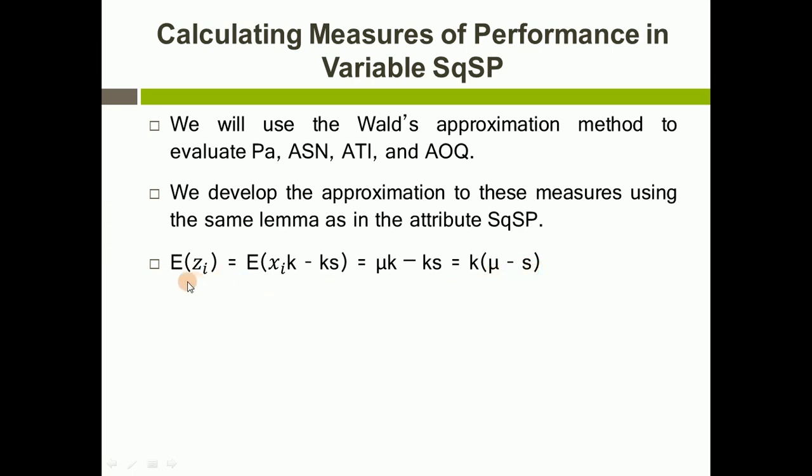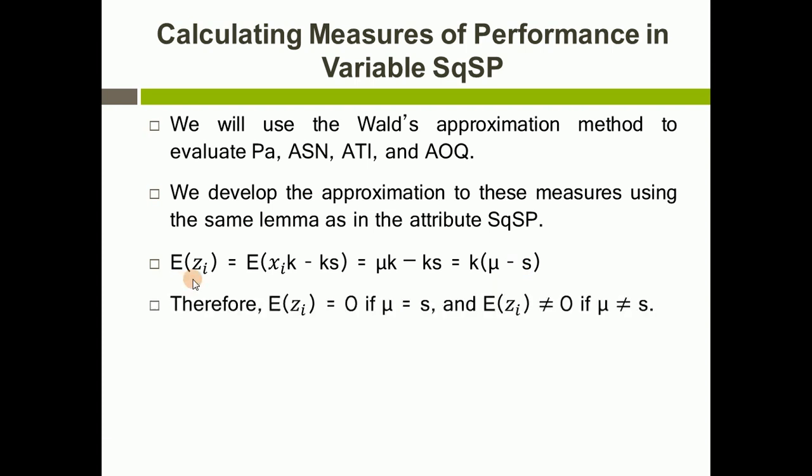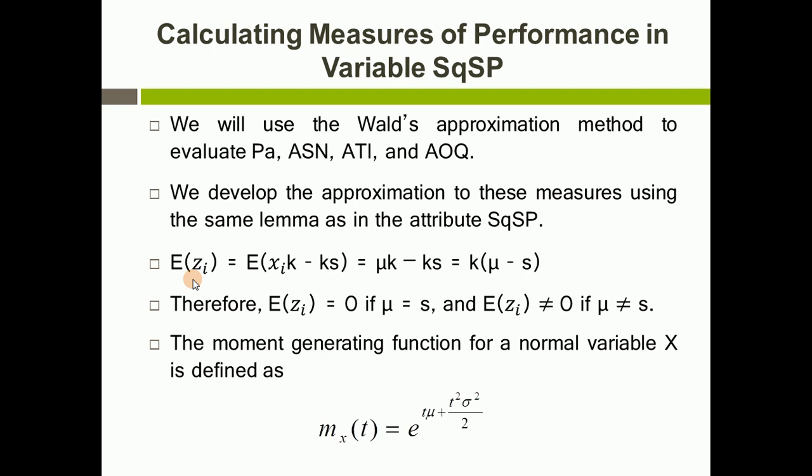In this case, expectation of zi will be equal to 0 if mu is equal to s. But if mu is not equal to s, then expectation of zi is not going to be equal to 0. And then we should find the moment generating function of the variable zi and equalize it by 1 and then solve for t to find the value of lt.